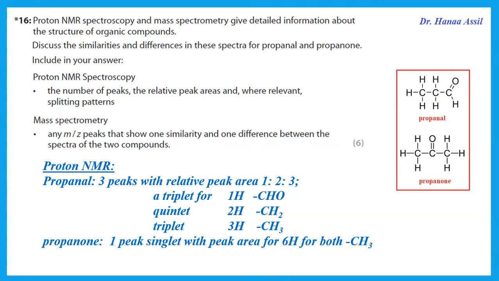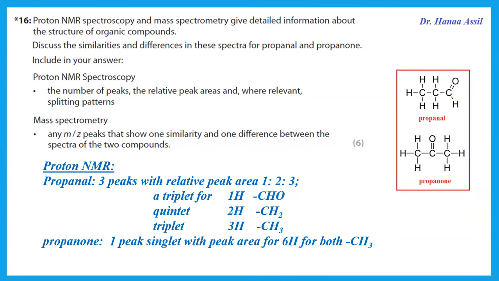aldehyde, the CHO. This is for peak area 1, but it is a triplet because on the neighboring carbon we have 2 hydrogens. Remember, we follow the n+1 rule, so 2 hydrogens means the peak will be split into 3, so this is a triplet.